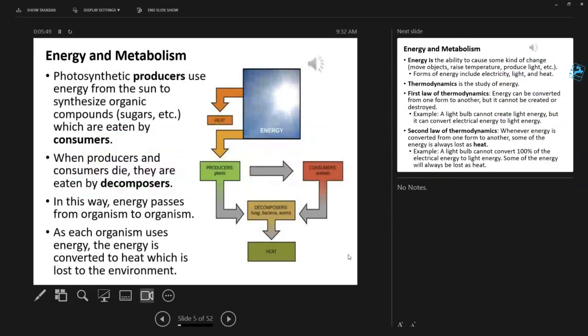Here's what I mentioned about energy flowing through an ecosystem or a community of organisms. So energy comes in from the sun. It's absorbed by plants, which use it for photosynthesis to make organic compounds, sugars and starches and cellulose and proteins and fats. And those molecules become the tissues of the plant.